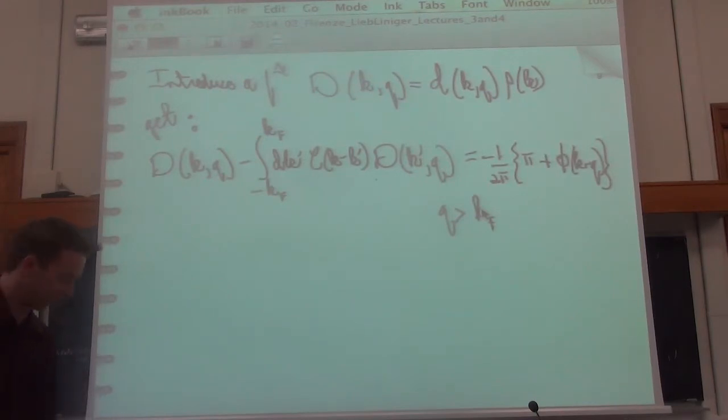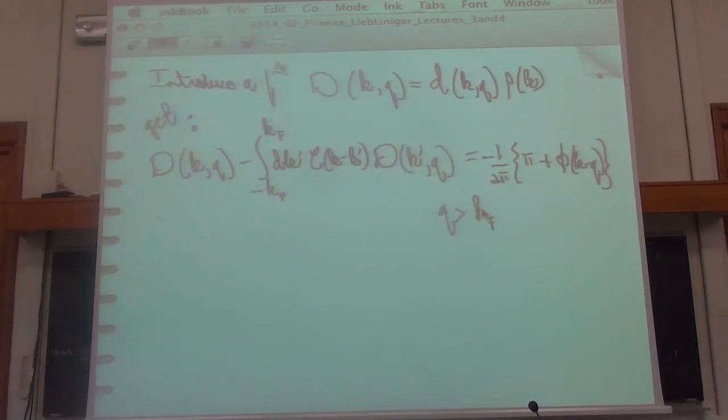Okay, now just a couple of comments. You remember the Lieb equation? The Lieb equation was of the form rho minus this Cauchy kernel times rho is equal to a driving term being simply 1 over 2 pi. Here we have the same left-hand side, but a different driving term.